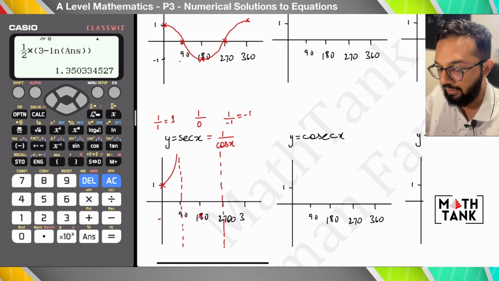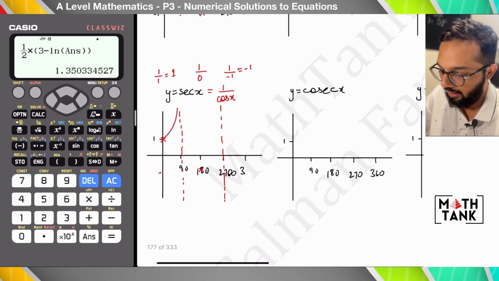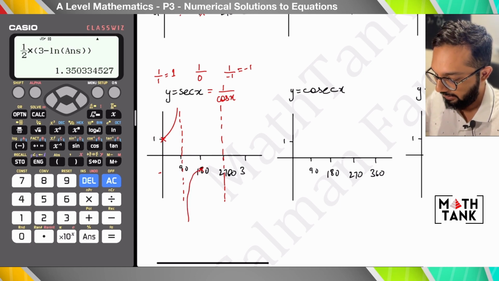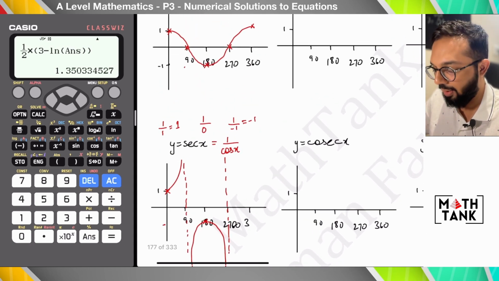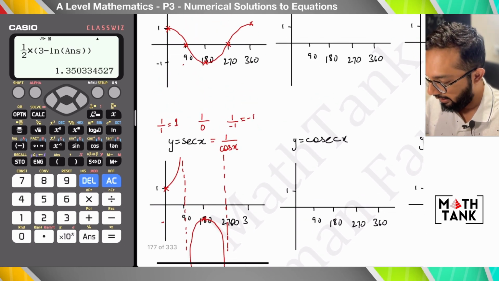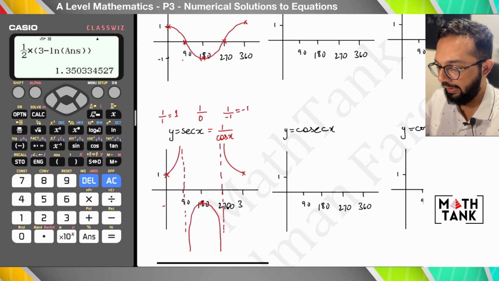If cos x was negative throughout this portion, 90 to 180, then sec x must be negative, and it would look something like this. So that is how you draw the graph of these inverse trigonometric functions. Again, at the end I have a 1, so I'm going to place that here and draw a curve like that. So that is the graph of sec x.